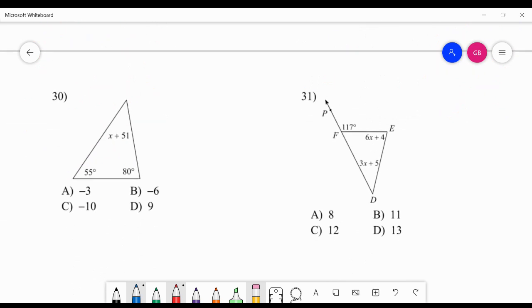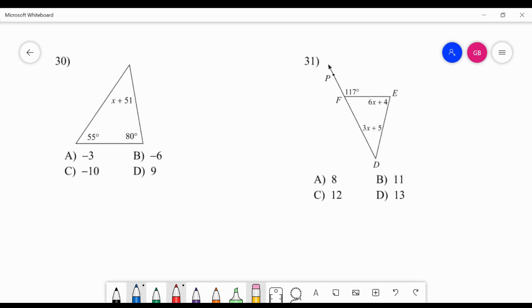All right, 30. We have a triangle, and we have the three angle measurements. All right, so solve for x. We want to use the triangle sum theorem. So that means the three angles add up to 180 degrees.